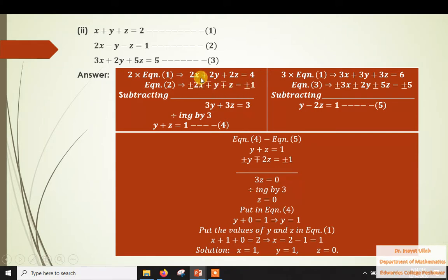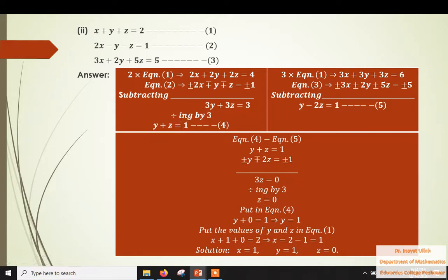Now subtracting these two, so subtracting means change those signs: plus will be minus, minus will be plus, and this minus will be converted to plus sign. Similarly, this plus with minus sign. Now subtracting these two, 2x minus 2x cancel, plus 2y plus y is 3y, plus 2z plus z is 3z, and 4 minus 1 is 3. Now dividing this equation by 3, we'll get y plus z is equal to 1.